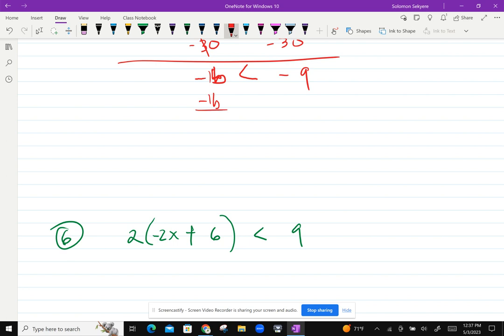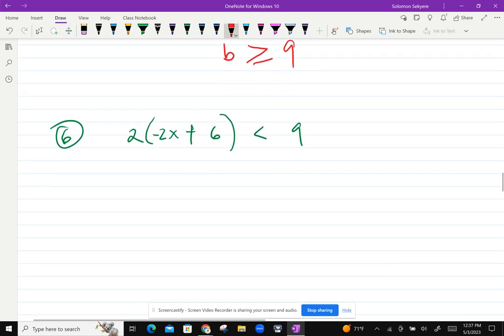I have to divide both sides by negative 1 or multiply by negative 1. The moment I solve for my variable by either multiplying or dividing by a negative number, the inequality reverses. So it becomes positive b is greater than or equal to positive 9.